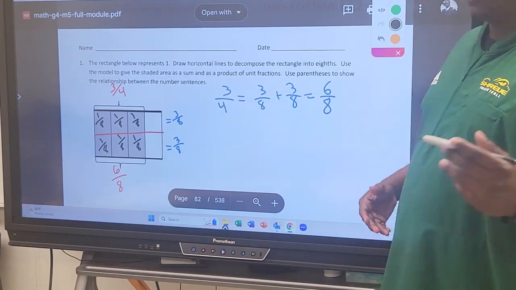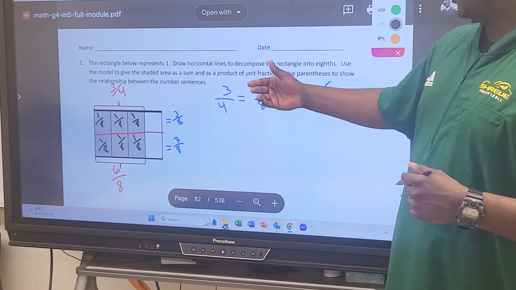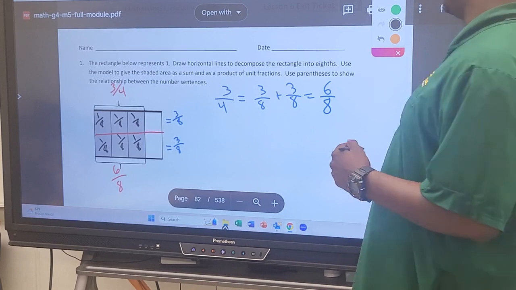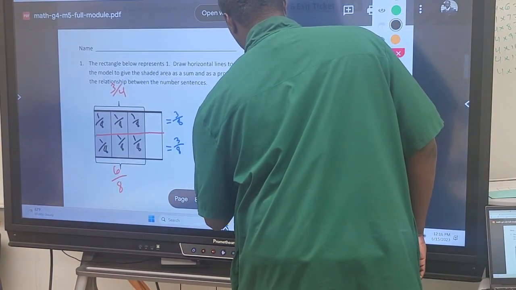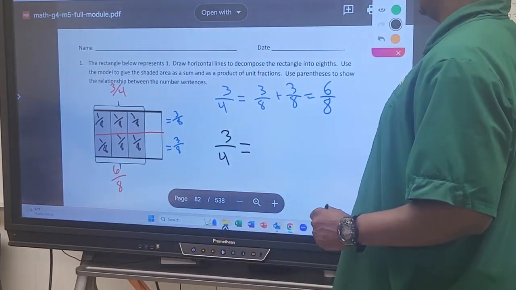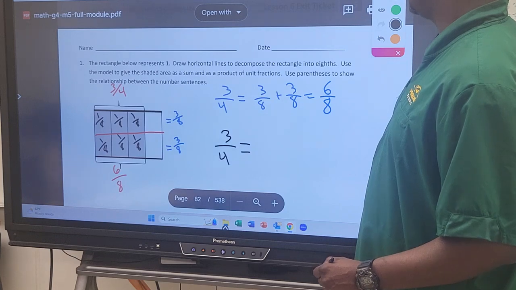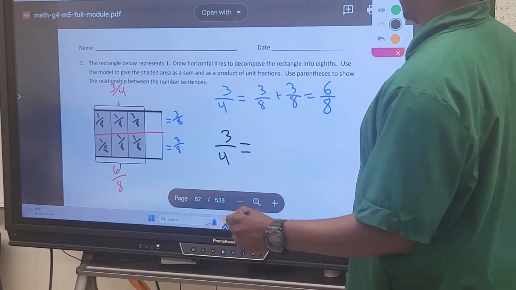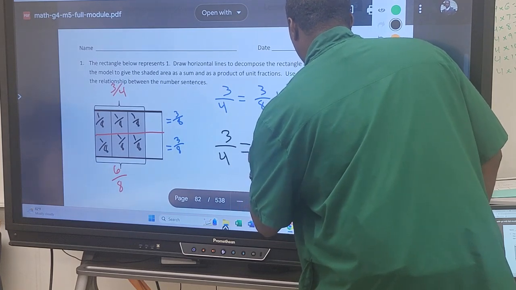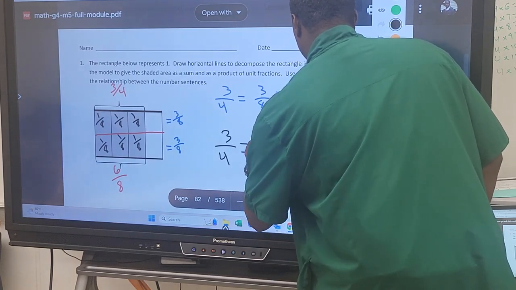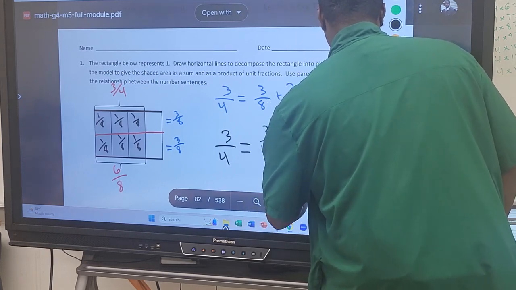So now we're gonna write a multiplication number sentence to represent the model, the tape diagram. So we have 3/4. We know we have to write 3/4 times 6/8.